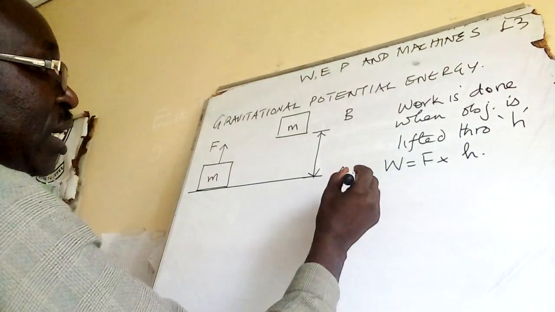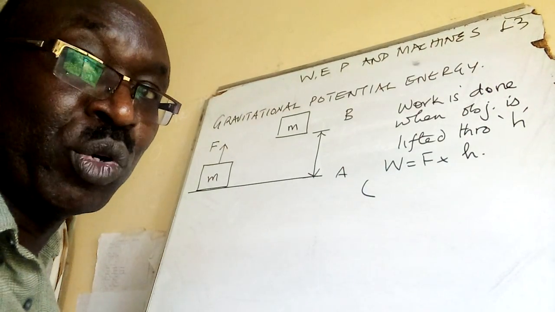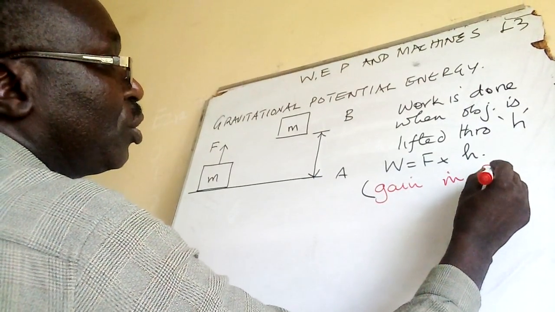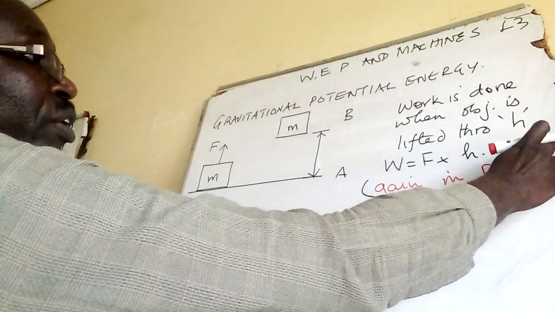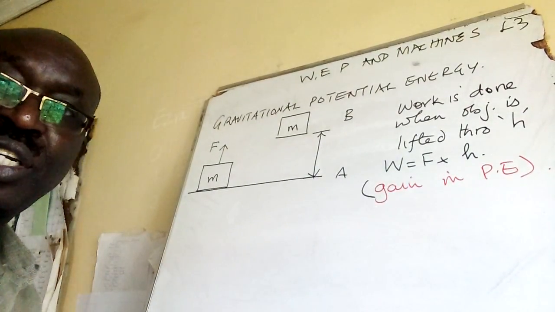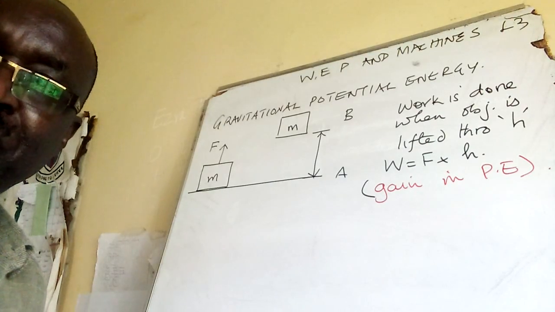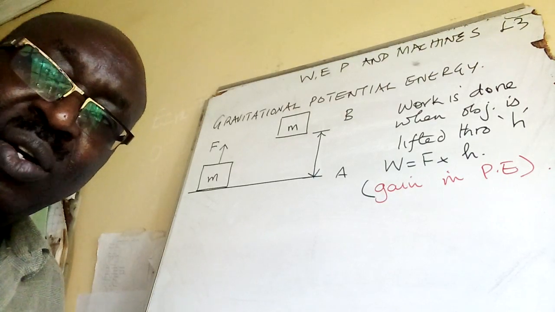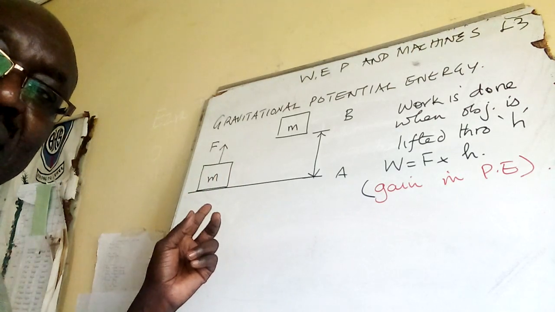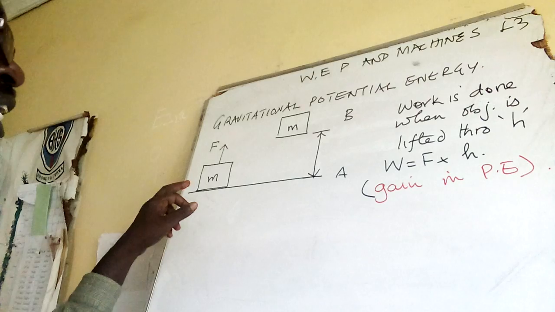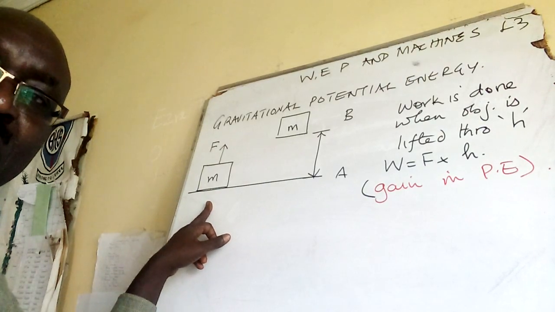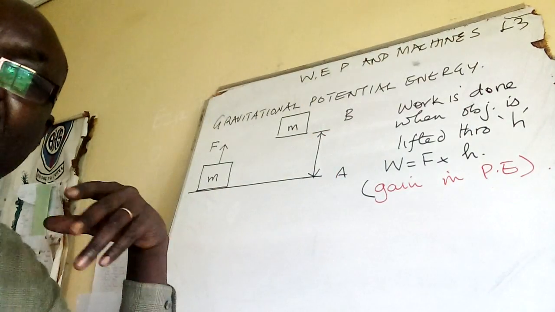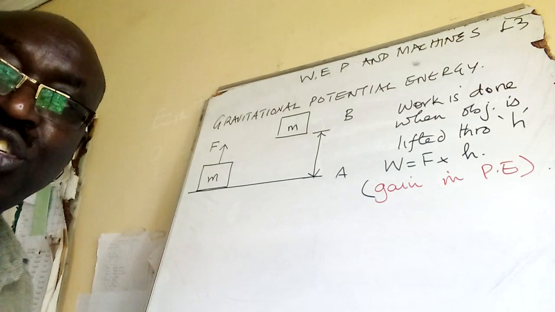But this translates to, put in another language, gain in potential energy. So I can get work done from the fact that when energy is transferred, work is done. So to calculate work done in lifting this body of mass m vertically upward from position A to position B, I can use the formula for potential energy.